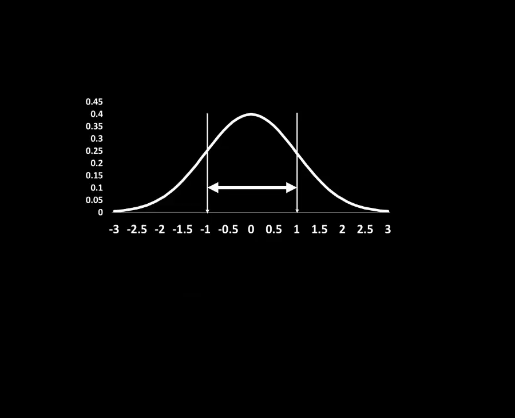Now I'm using 1 because it's a very convenient number, but you can do the same for any z-score at all. So no matter what score your observation takes, you can figure out the probability of getting a score at least that big, within the same standard deviations from the mean, or even further from the mean than the one you got. All right. Well, that's enough for now.